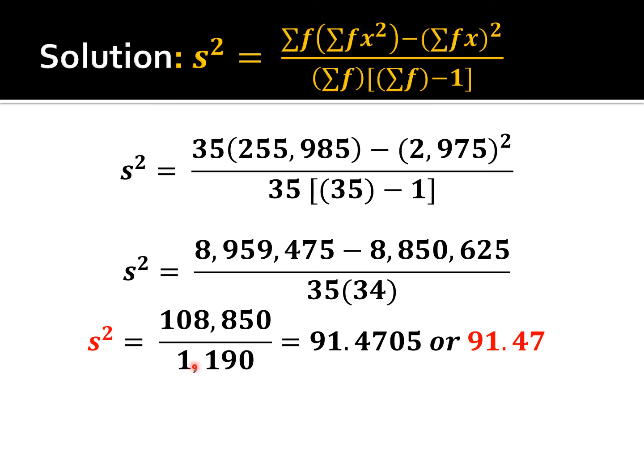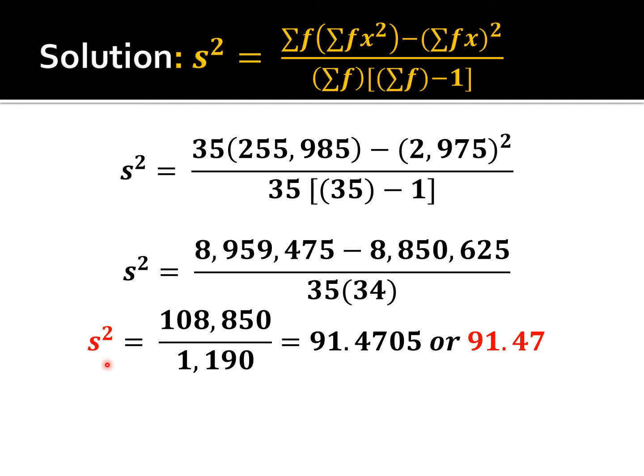And then simplifying further, we have the difference in the numerator, 108,850, divided by the product of 35 and 34, which is 1,190. And then we have a quotient of 91.4705 or 91.47, which is the same value using the general method.